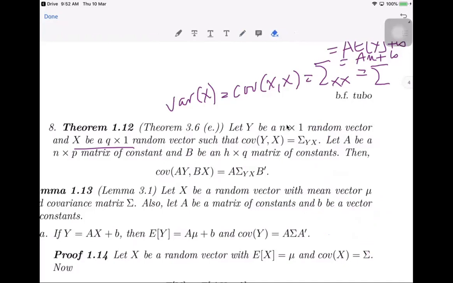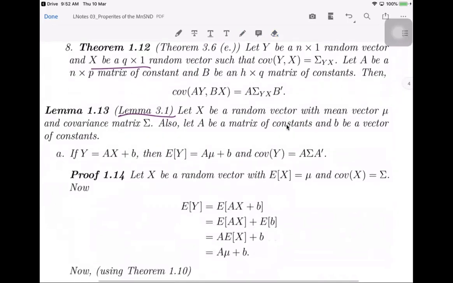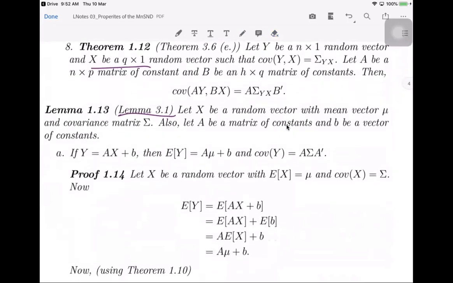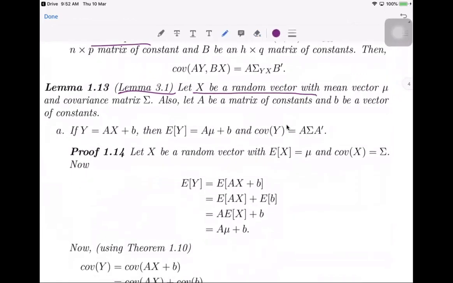So with that in mind, we can now prove lemma 3.1 of Arnold. So lemma 1.13 is lemma 3.1 in Arnold. In Arnold's notation, he started with a random vector x. This random vector x has a mean vector mu and a covariance matrix sigma.